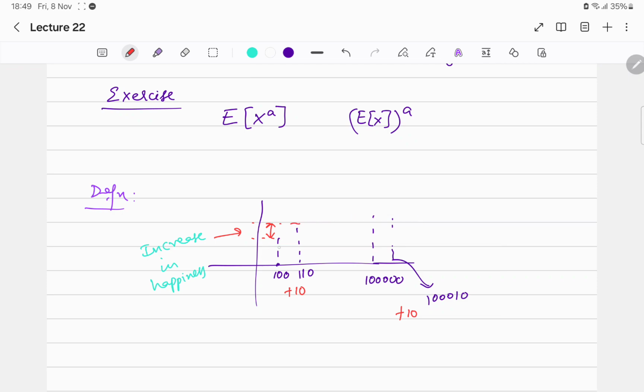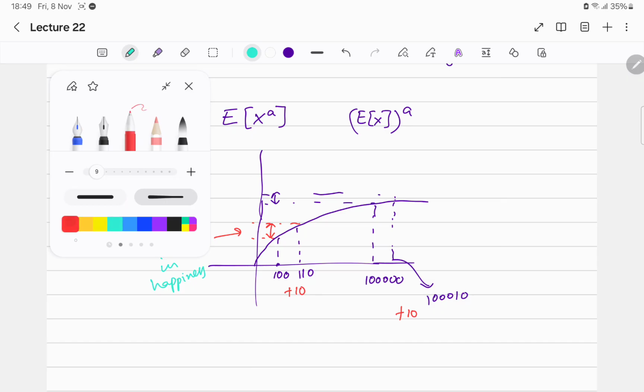Now, what is the increment in this guy? Not even this much, right? This is the increment which is less than the first increment. Then you call such a function a concave function, because if you draw a line in this, the line is below the curve. Correct? So it's a concave function.